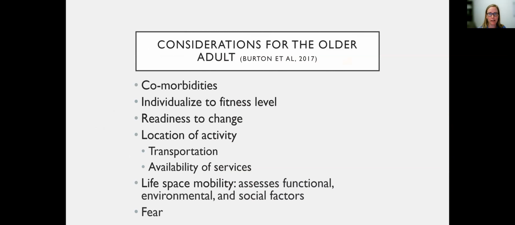So if we look at specific considerations when we're looking at the mobility plan, these come to mind. We do need to think about comorbidities and how that impacts them. Looking at their individual fitness level, you might anticipate that depending on the person you're working with, they may have never done a certain amount of activity.